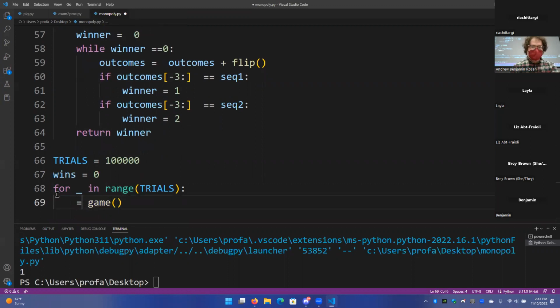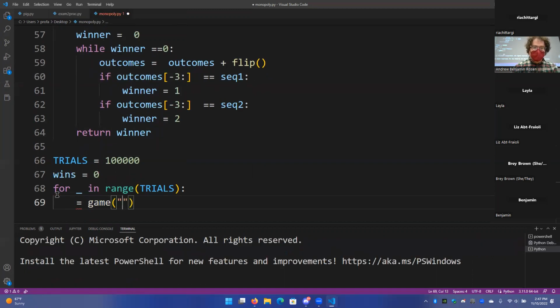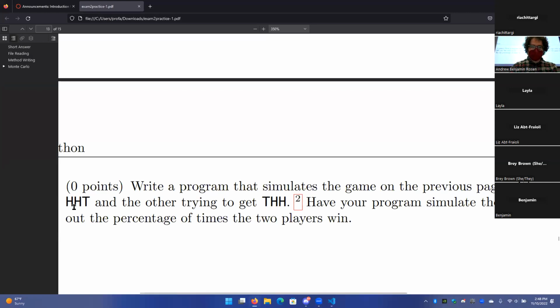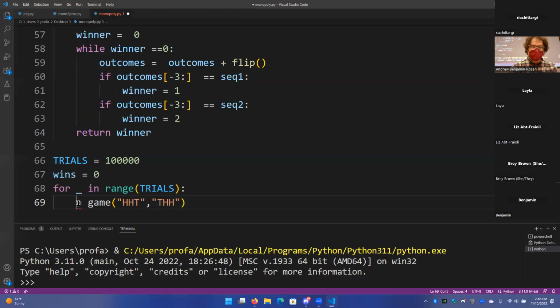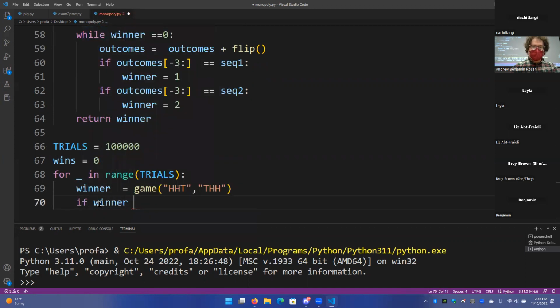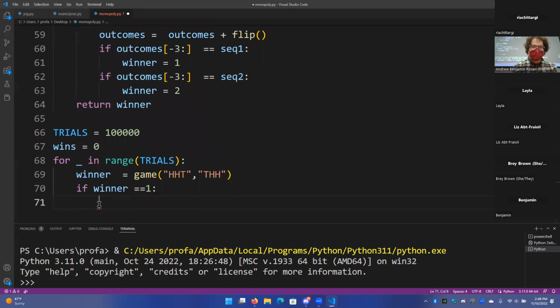So game, we pass in our head, head, tail, and tail, head, head. Double check: head, head, tail, tail, head, head. Outcome is equal to this. Or actually, we can call it winner, just like we did in the function. If winner is equal to 1, wins plus equals 1. There we go.